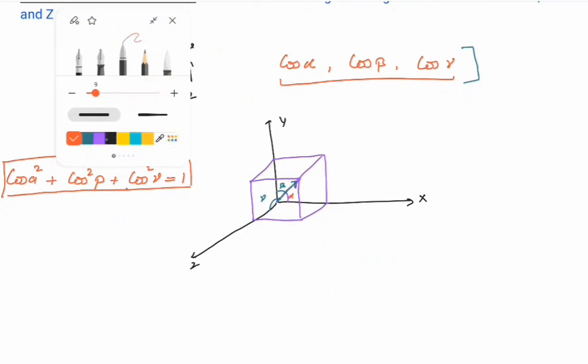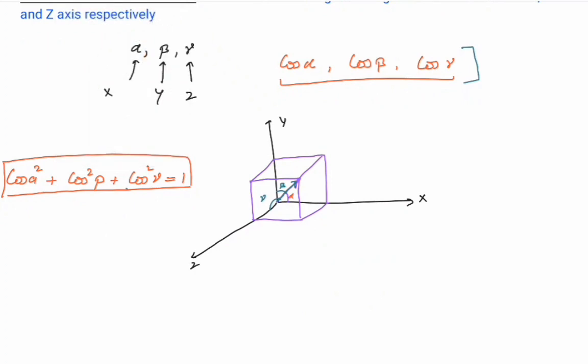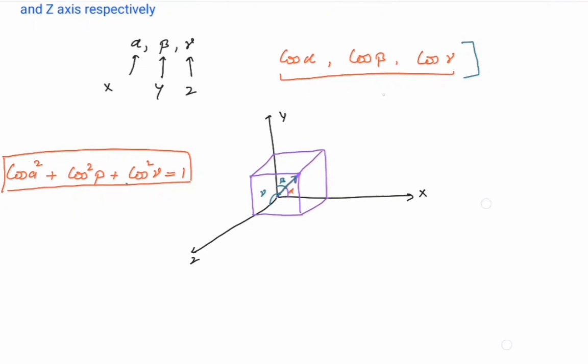Always remember, when alpha, beta, gamma are the angles of the vector from the x, y, z respectively, then cos of alpha, cos of beta, and cos of gamma are called direction cosines of a given vector.